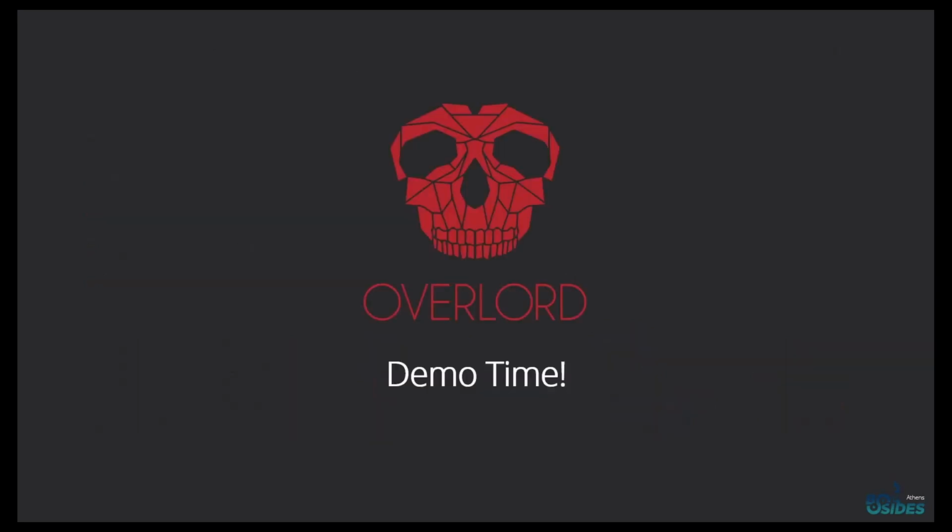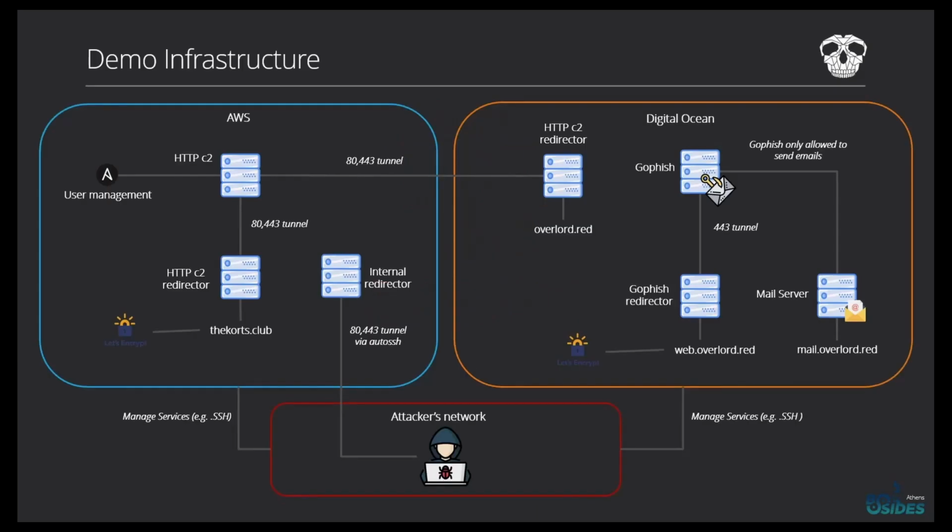Okay, so finally it's demo time. Vasilis will show you the tool, but before that I will show you the infrastructure that we are going to set up. We have one HTTP C2 with its redirector on AWS and a certificate on this domain.